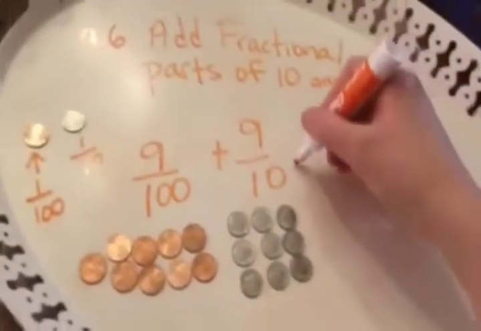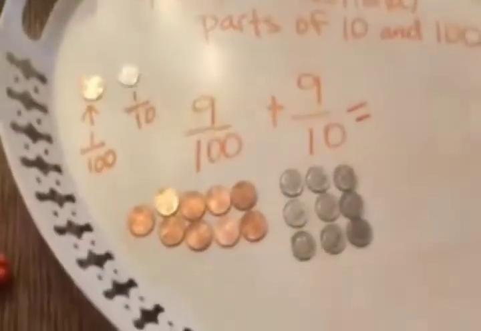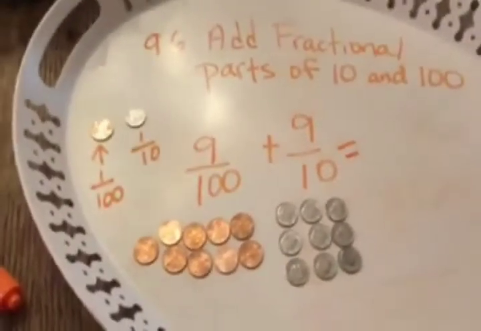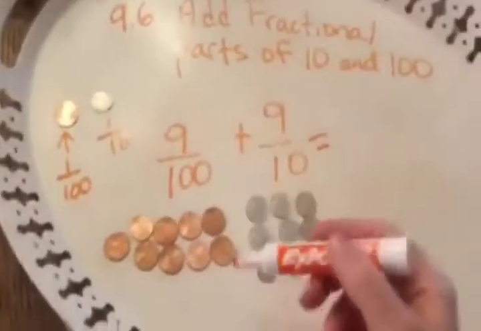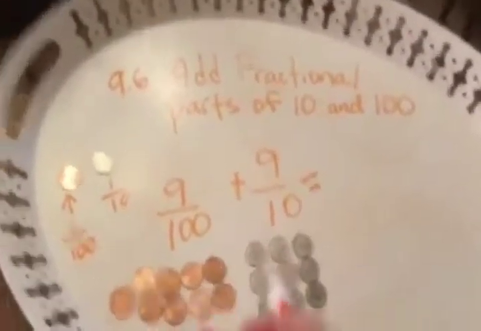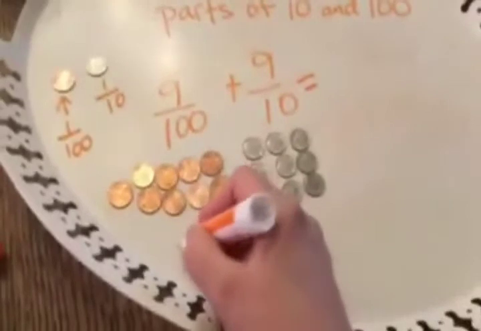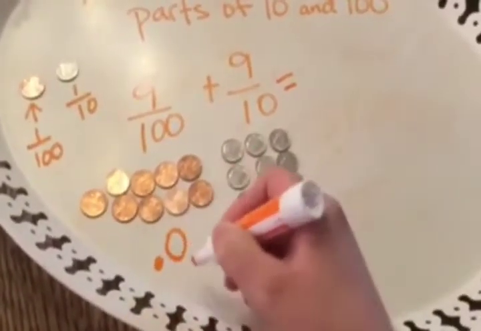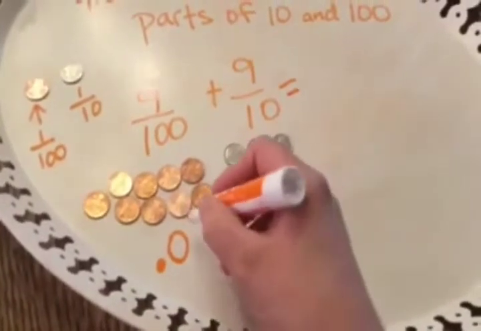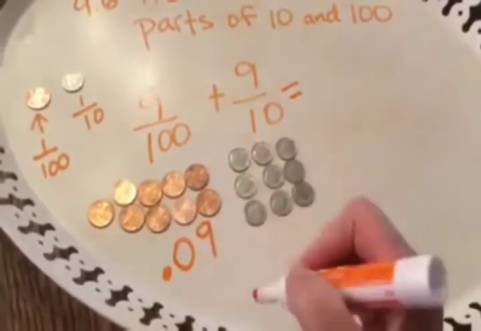And I'm showing you the money at the bottom so we can think of why we would actually want to know how to solve this problem. And so 9/100ths is exactly the same as saying I have 9 cents. And if I wrote that as a decimal, I would have the decimal point. I would have a 0 to hold the space of the tenths because I have no tenths here. But I do have 9/100ths.